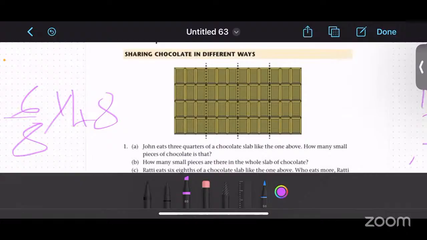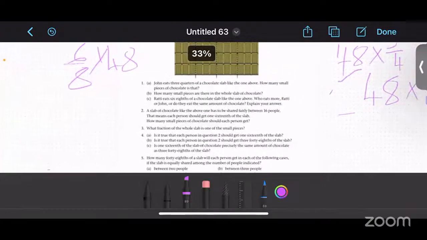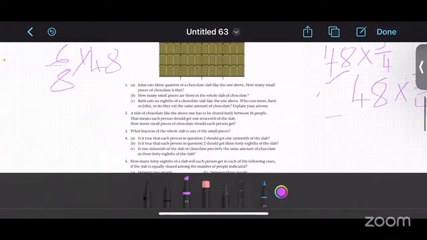Right. So what you're going to do is say 6 divided by 8, multiplied by 48. And this is the amount of chocolate that's going to be eaten by Rati.